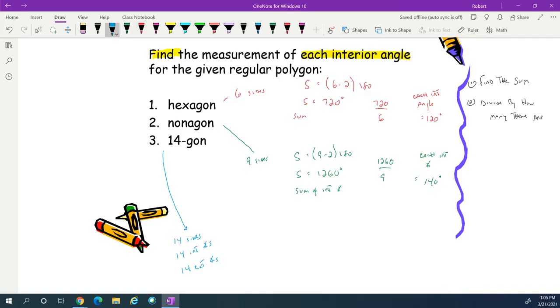Well, since the sum of the exterior equals 360, I can divide by the number of angles and find out each exterior angle. Each exterior angle equals 25.7 degrees.